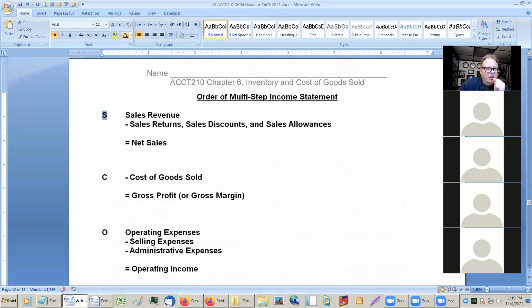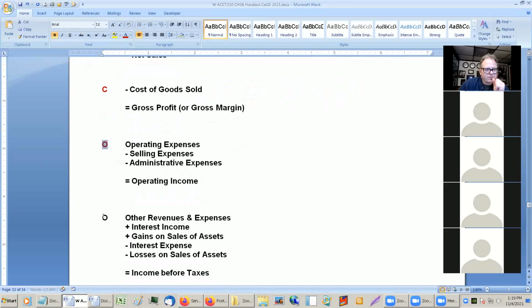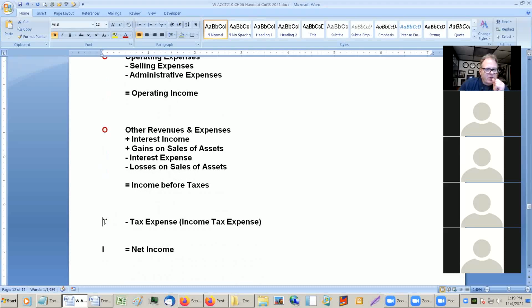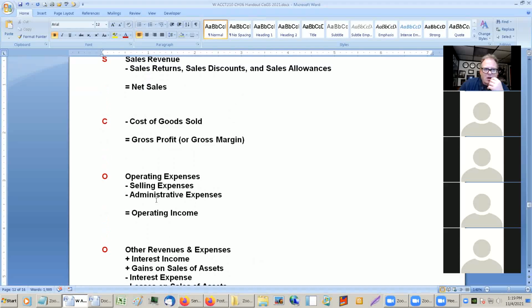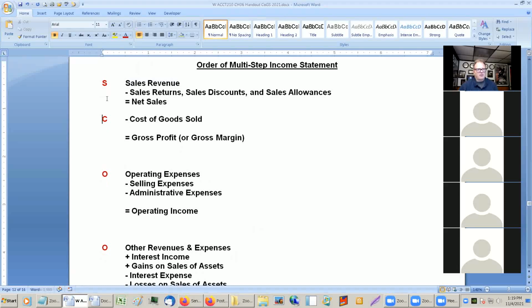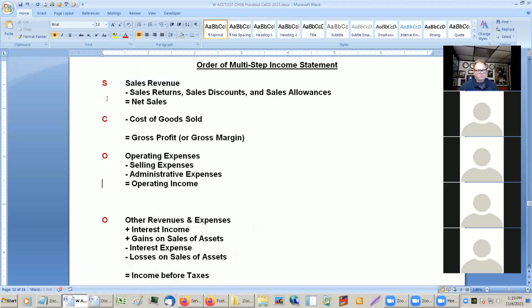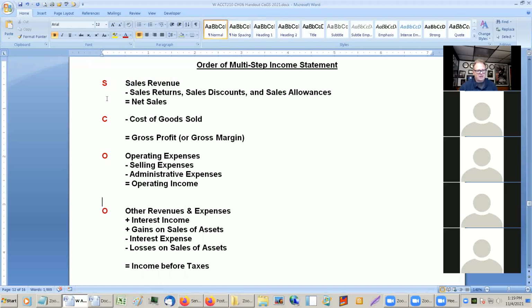Somewhere I got goofed up here. So remember the order by SCOOT. Or maybe SCOOTEE is a better word for it. And it's similar to our classified balance sheet, in that we put things that are similar together.